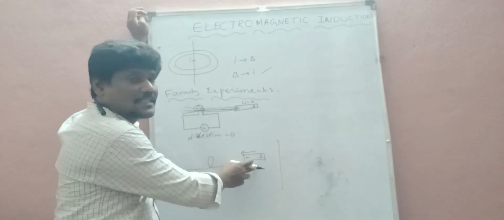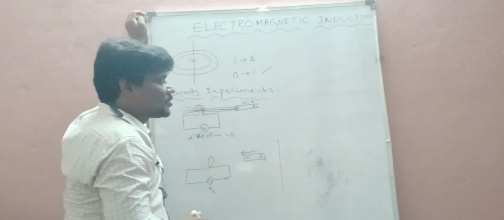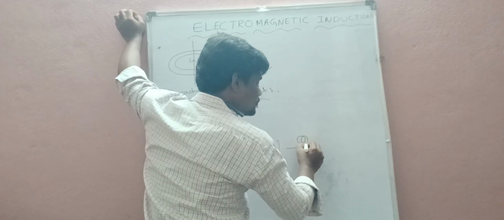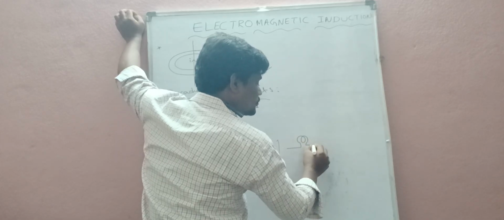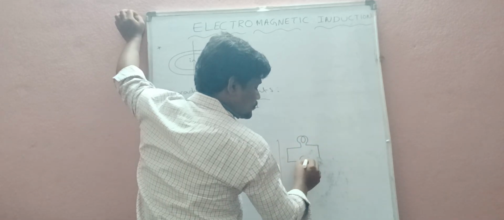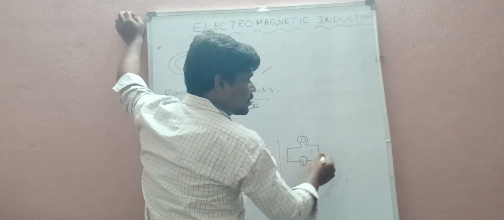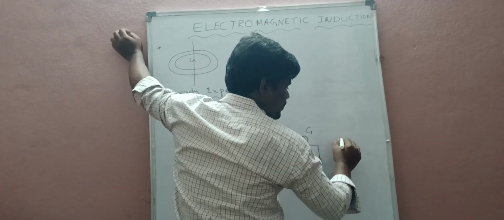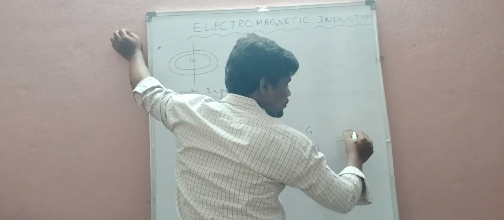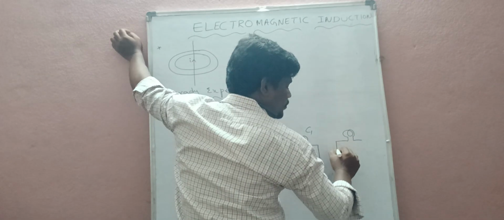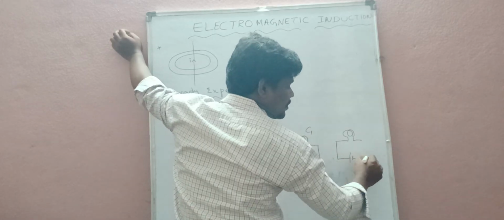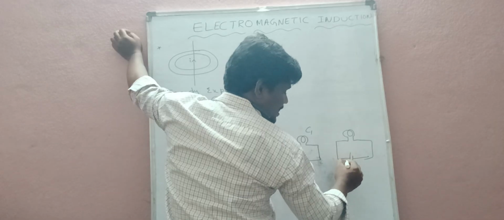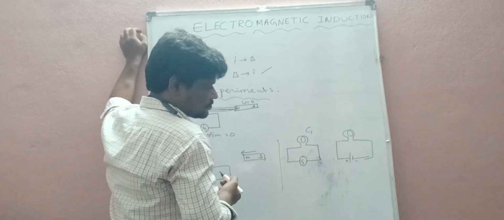Instead of a bar magnet, we can take another coil. This is the first coil, with the galvanometer, and this is coil C1. This is connected to one battery, with positive and negative terminals.